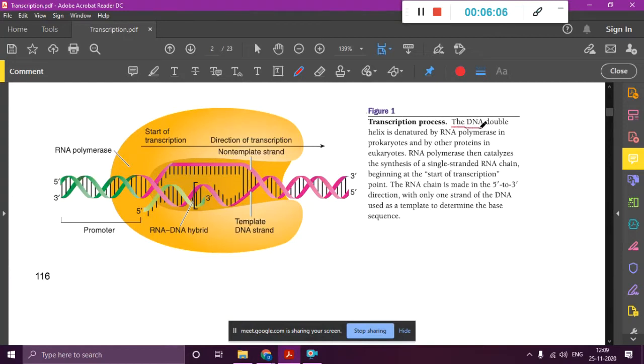The DNA double helix is denatured by the RNA polymerase in prokaryotes and by other proteins in the eukaryotes. So you can see that this is the DNA double strand. It is denatured in this region.